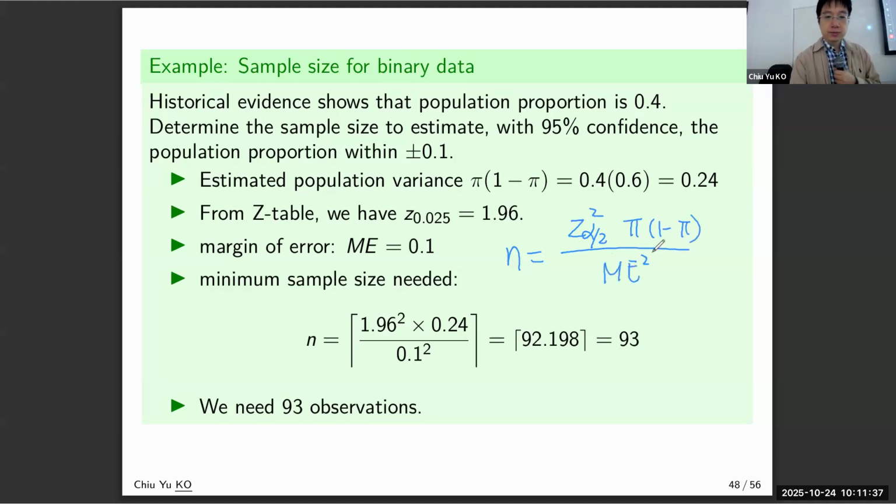We know our old friend here: if you want 95%, this is 1.96 square. And it has been known that pi is 0.4. I don't know how you get it, but someone tells you this 0.4.